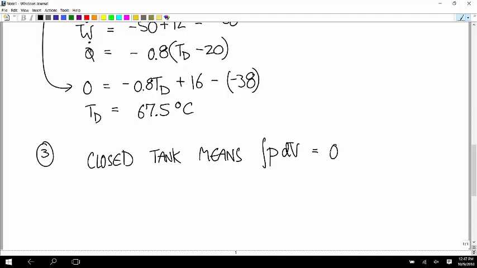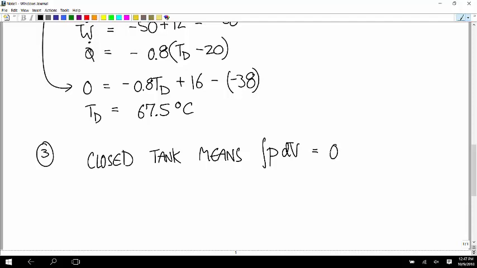An electric resistor in the tank transfers energy to the gas at 1 kilowatt. Okay, so an electric resistor is doing electric work on the system.